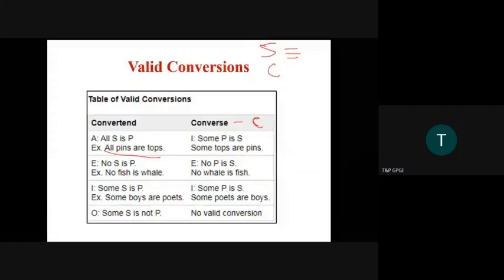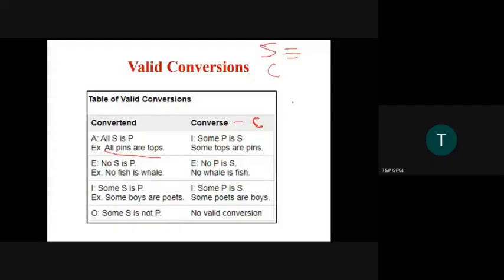Now, no fish is well, no well is fish. Same वही. तो अभी इसको कैसे लिखता है, I'll tell you. All S is P, मतलब सारे जो S है वो P है. We write it like this: all S are P. The conclusion drawn from this is some P is S, मतलब ऐसे होता है.